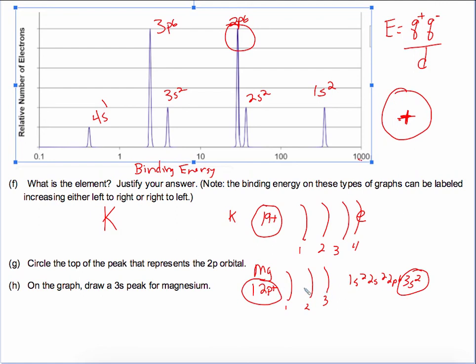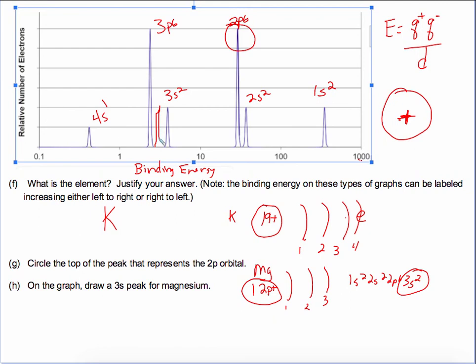Now, magnesium only has 12 protons holding on to these electrons. So if we're looking at the third shell for potassium versus the third shell for magnesium, potassium has more protons holding it. So in its 3s, it's going to take more energy to remove an electron from potassium's 3s than from magnesium's, because magnesium has fewer protons.